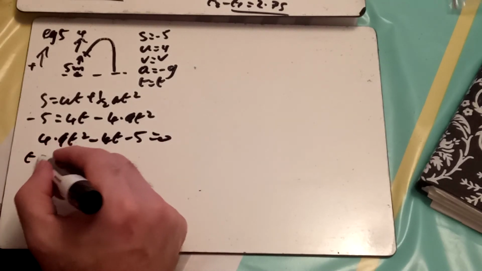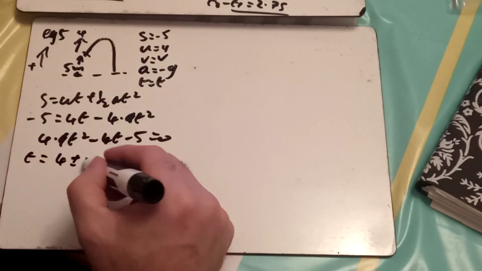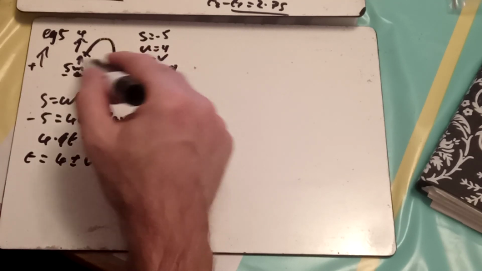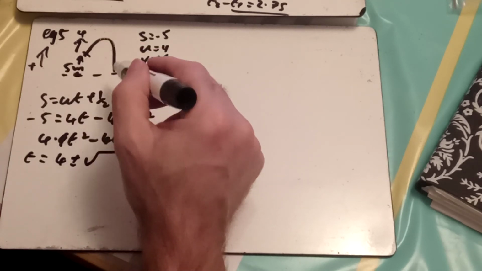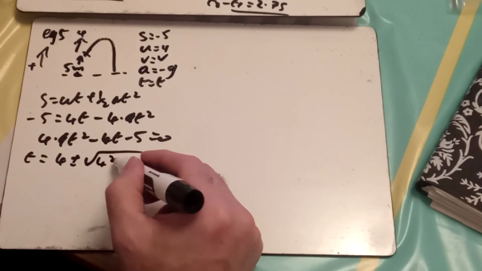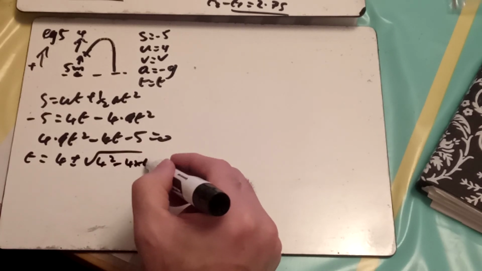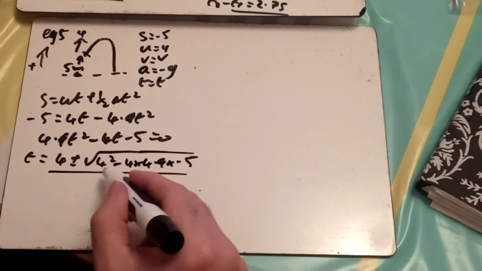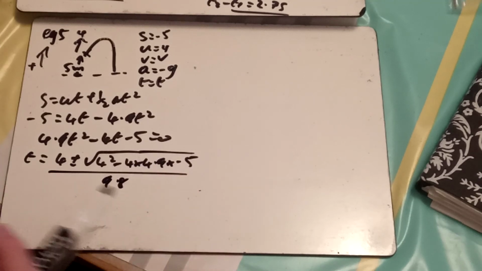Stick in the quadratic formula, t equals 4 plus or minus root. And in this case, it has to be one value t will be negative, the other value is going to be positive. B squared, so it's 4 squared minus 4 times 4.9 times minus 5, because that's going to be bigger than, all over 9.8.